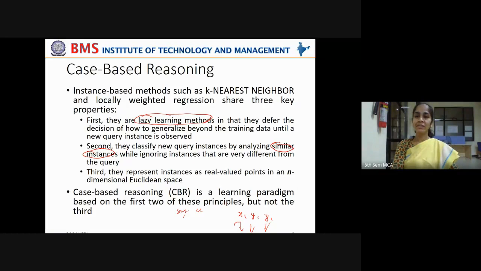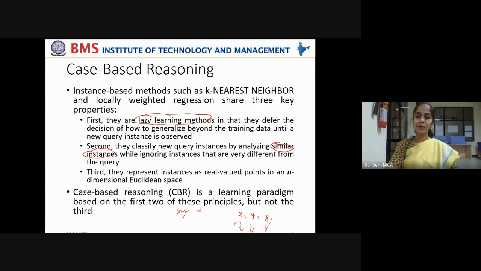So k nearest neighbor, or any instance based methods, normally take numerical values under the attributes in order to find the nearest neighbors.